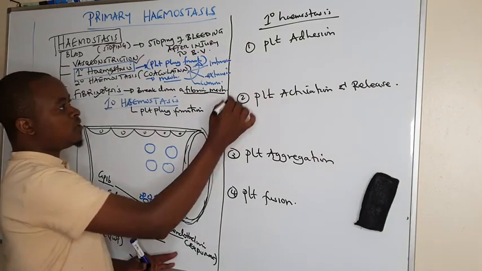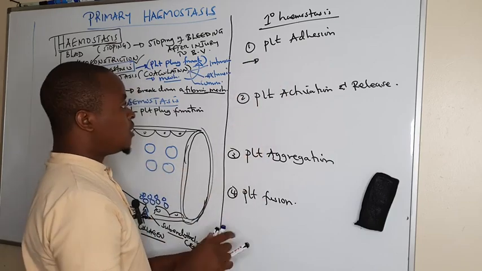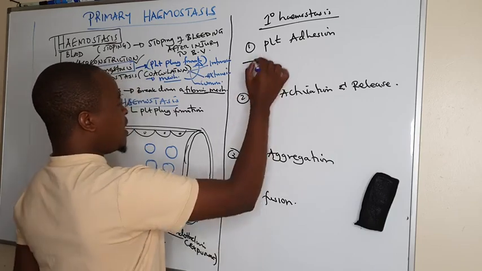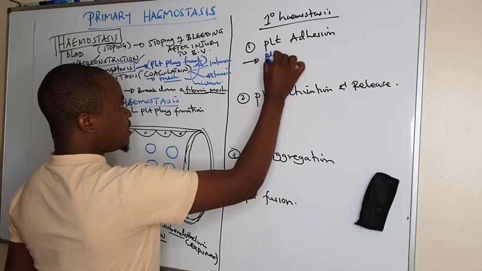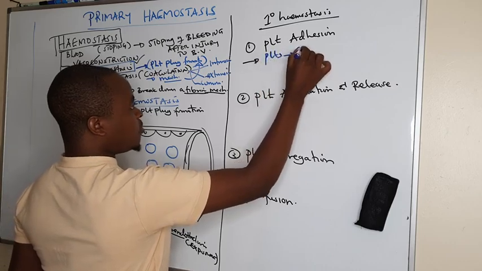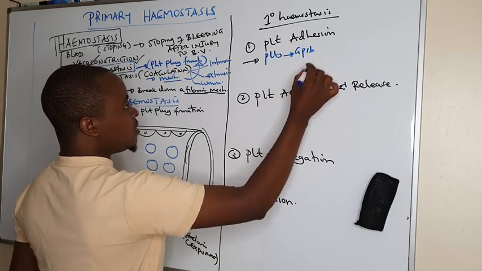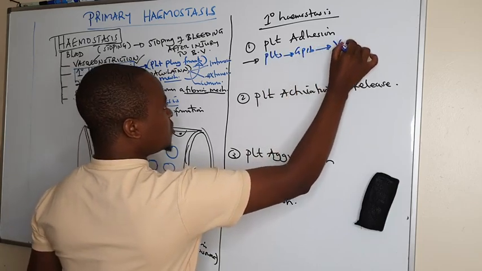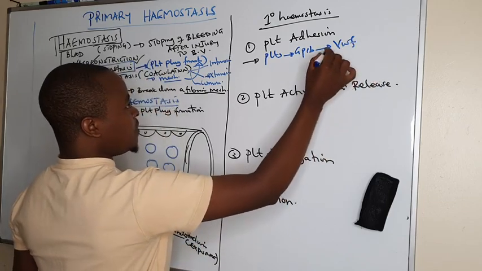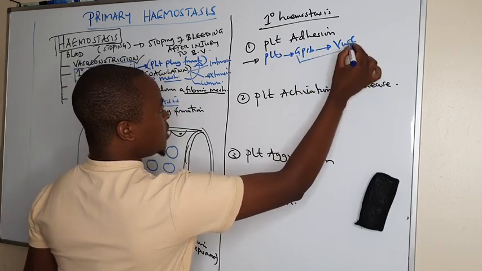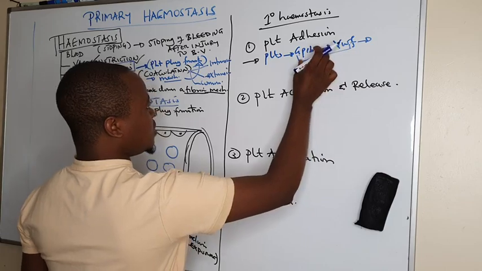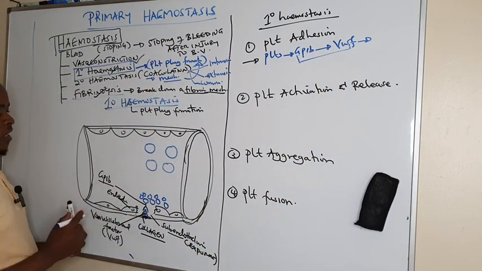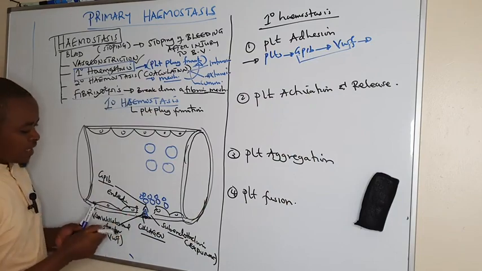So when platelets reach the injured site, they are going to adhere to the von Willebrand factor, using the glycoprotein 1B as their receptor. And when they bind to the von Willebrand factor, they become activated. They bind, and this is what we are calling platelet adhesion. So more are going to come and start adhering.